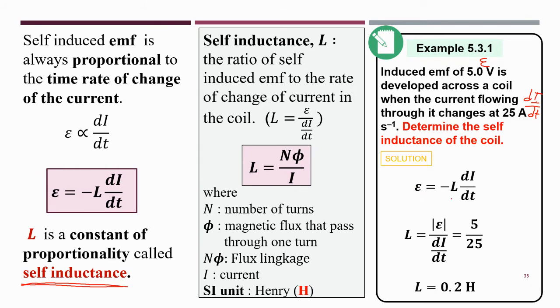It's given that induced EMF equals negative L di per dt. Rearranging, self-inductance is induced EMF divided by the rate of change of current. So you get 0.2 Henry. That's the final answer.